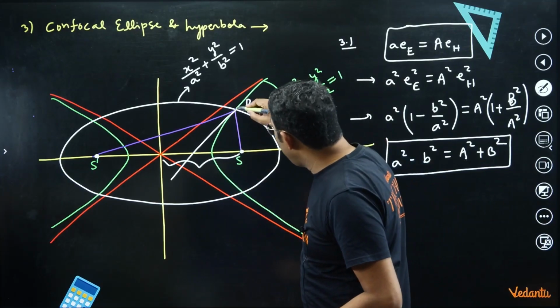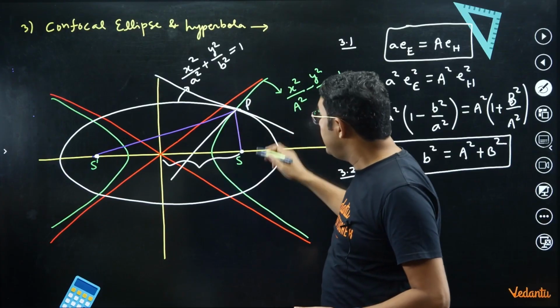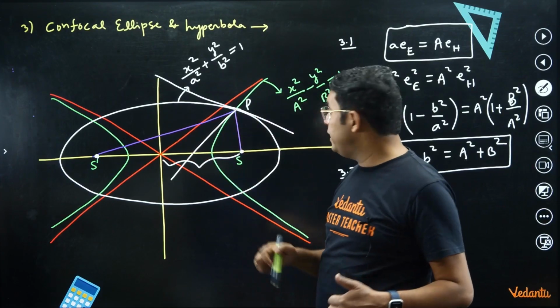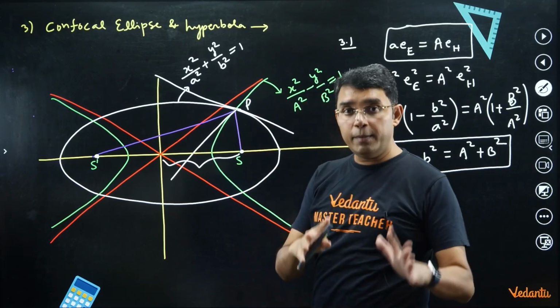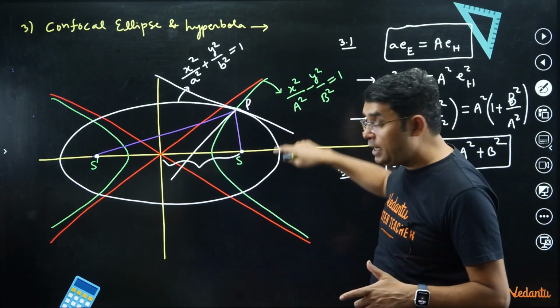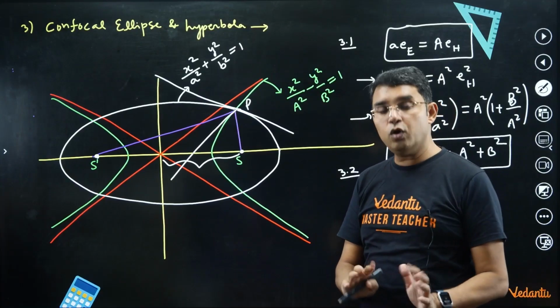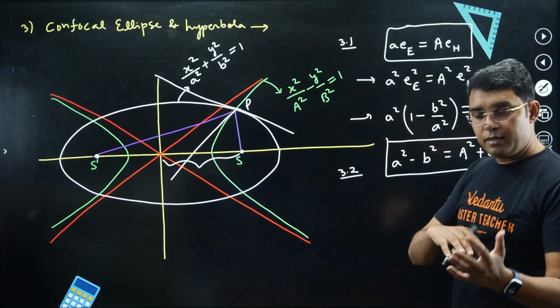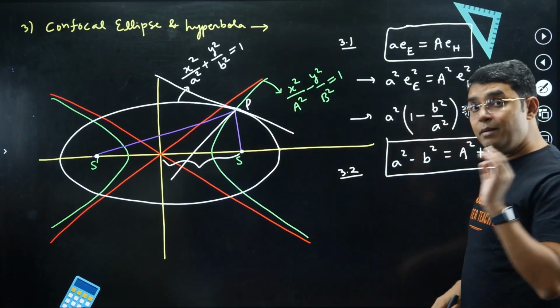In fact, the external angle bisector of these two lines, SP and S dash P, will be tangent to the ellipse and normal to the hyperbola, which means the tangent at the same point to the ellipse is actually the normal of the hyperbola, and vice versa. So what is the meaning of this thing?